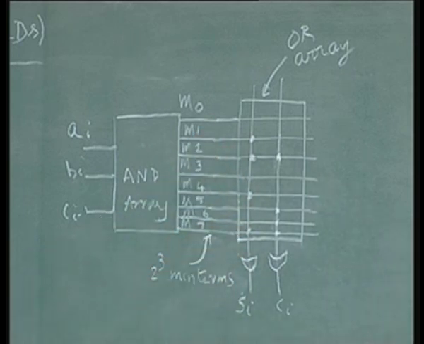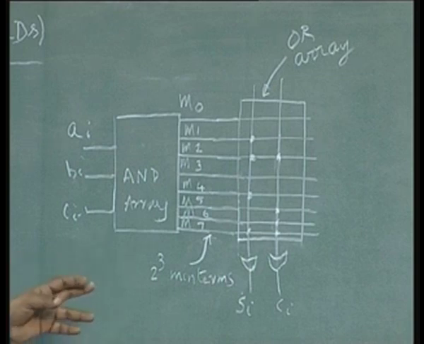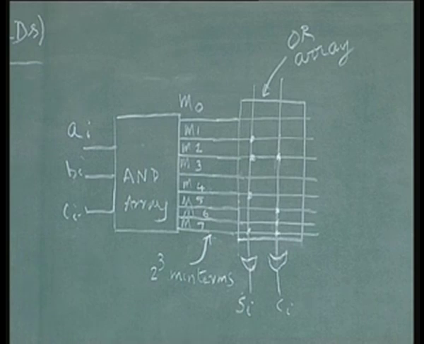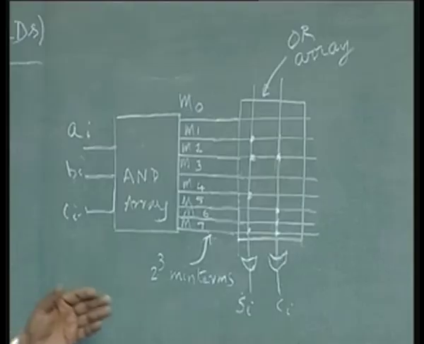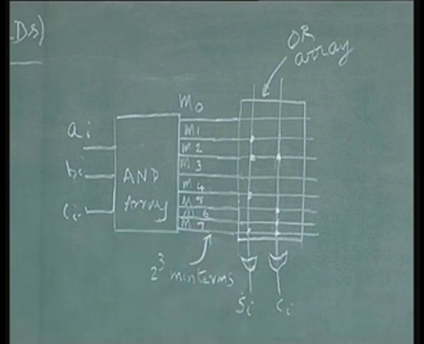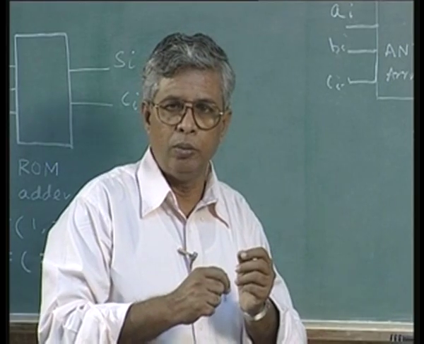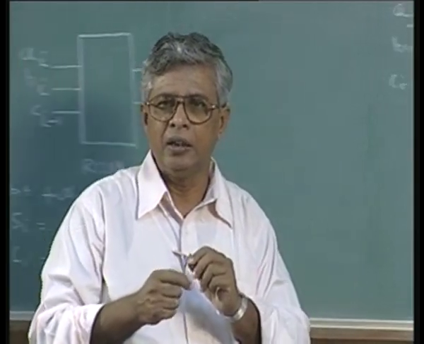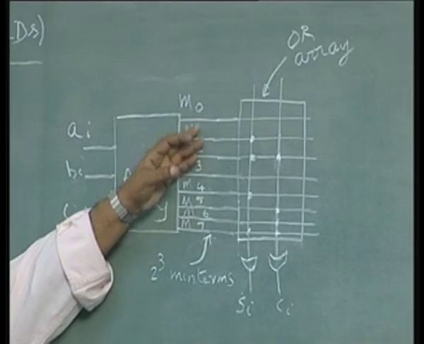Now, why are we calling it programmable? It is a fixed thing. In order to make it programmable, I should have a technology by which I can change the connection. These OR gates should have connectivity which can be changed. You should be able to either connect or disconnect the OR gate inputs. These minterms are fixed.